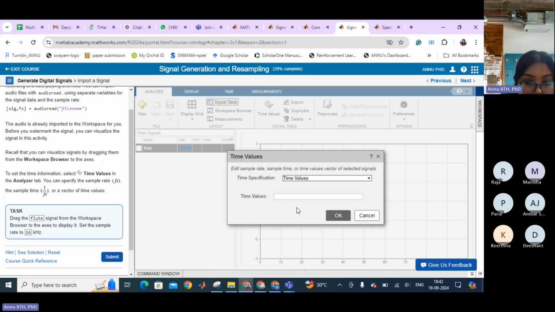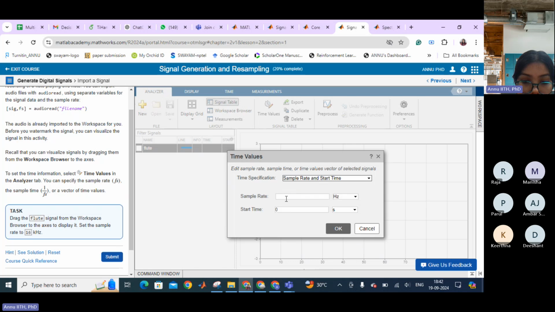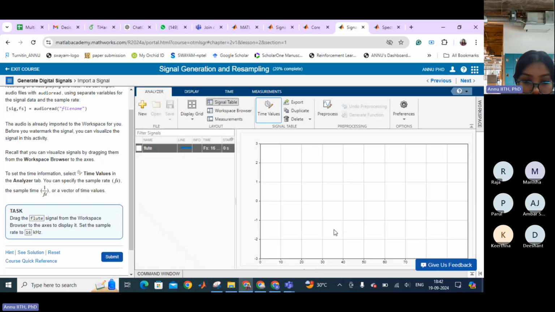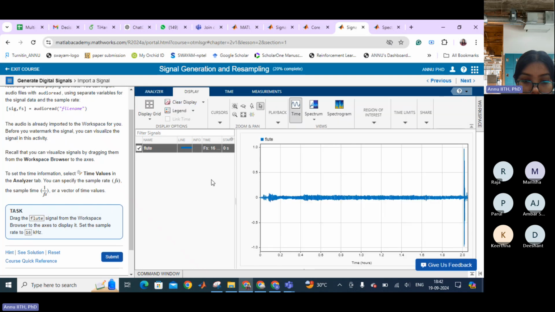Time values. Specify the sample rate and the sample time of the vector of time values. So, 60 kilohertz, right? You can see this.